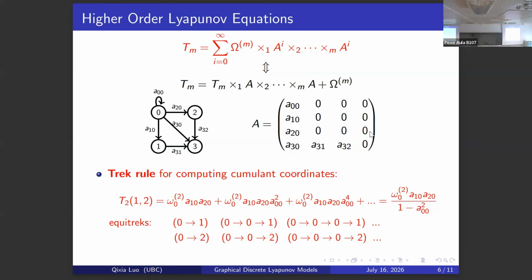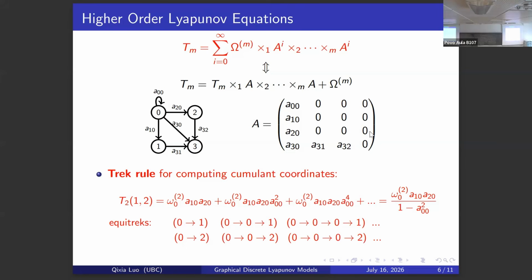Okay, so this entry of T^2 is written as a sum of monomials, where there is a one-to-one correspondence between the monomials and the equitreks. For example, for this first one, we have the second order error cumulant of the vertex 0, because that's the top of this equitrek.